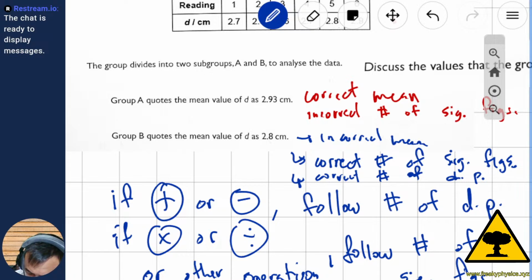Specifically here, for addition, follow the least number. Same thing here, follow the least number of sig figs. In this case, they all have two sig figs and one decimal place. So the correct answer would be 2.9, right? Okay, where is B?